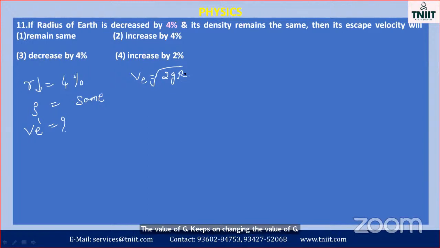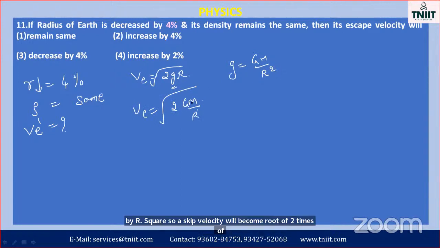So you have to replace this g in terms of capital G only. Small g is G M divided by r squared. So escape velocity becomes root of 2 times G M by r squared, and one r will cancel. So escape velocity is root of 2 G M by r.